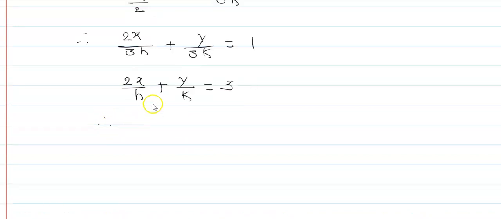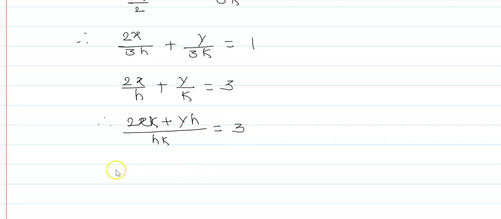After simplification, you will get 2xk plus yh upon h into k, by cross multiplication, is equal to 3.